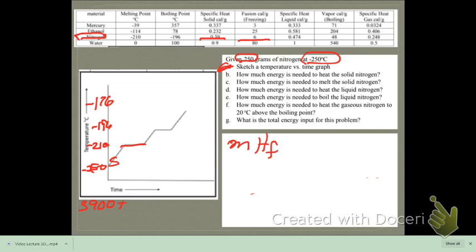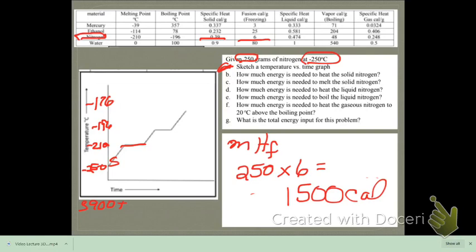So, I know my mass is 250 times my heat of fusion, which is 6. In your calculator, clear it, 250 times 6, you should get 1,500 calories. Okay, so I'm going to add another 1,500 calories to what I have.